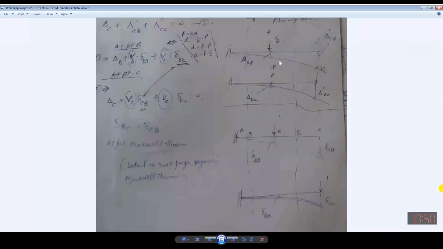Corresponding to moment is the rotation. Corresponding to this linear reaction, redundant, there will be unit load applied at point B and at point C. Under the effect of this unit load, this will be delta BB, small delta. This is the displacement at point B due to unit load at B.